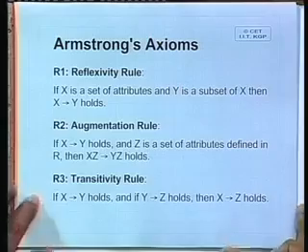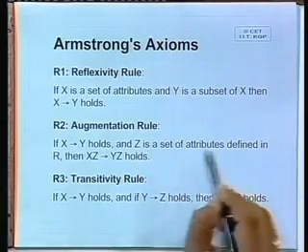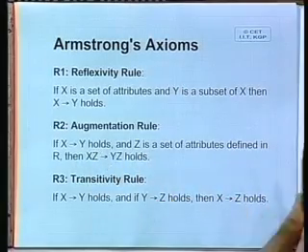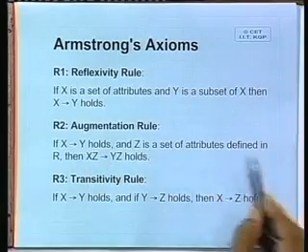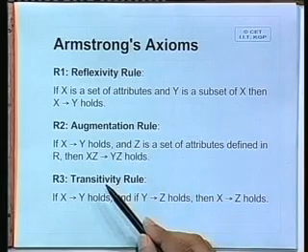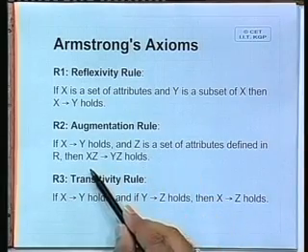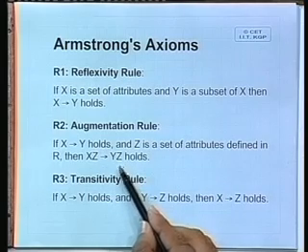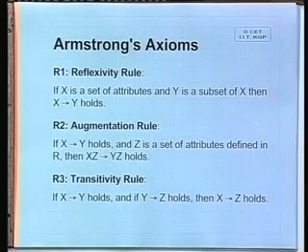The other one, the augmentation rule, says that if X determines Y holds and Z is another set of attributes, with X, Y, Z all defined in R, then YZ is functionally dependent on XZ. So, this is augmentation.